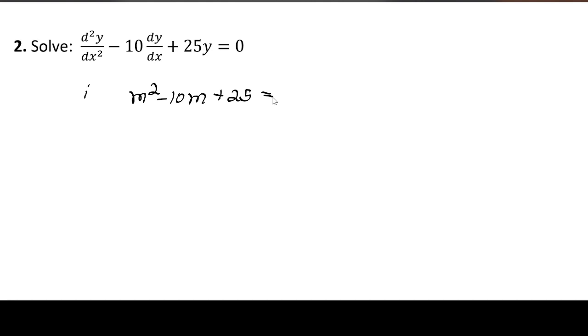You can see that this is of the form a² − 2ab + b², where a is m and b is 5. So this is (m − 5)² = 0. So both roots are 5 and 5.